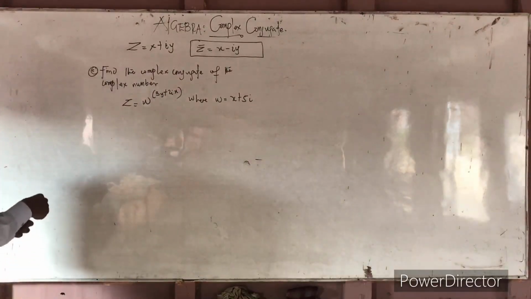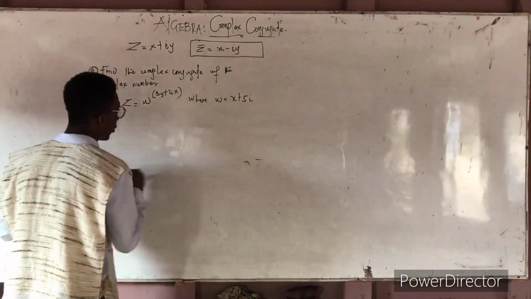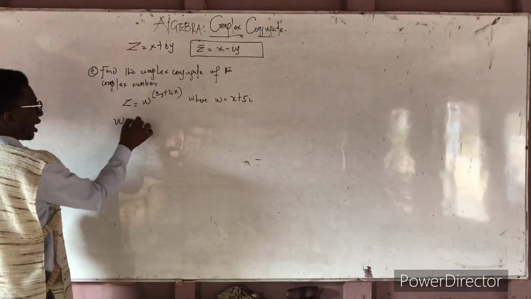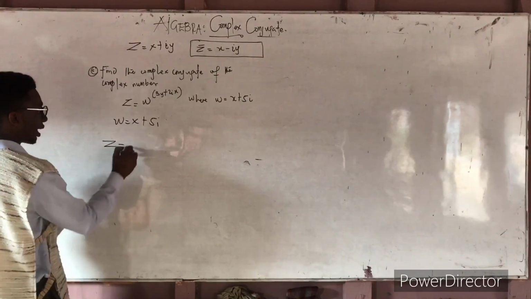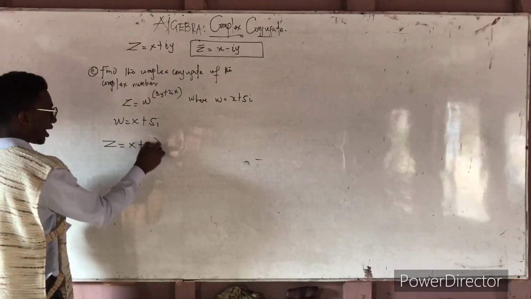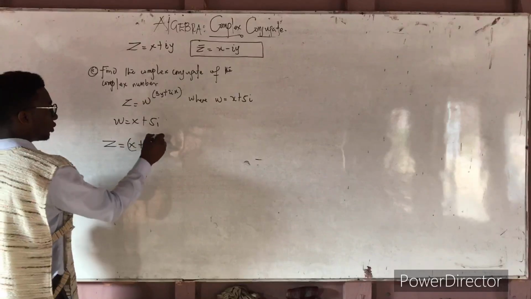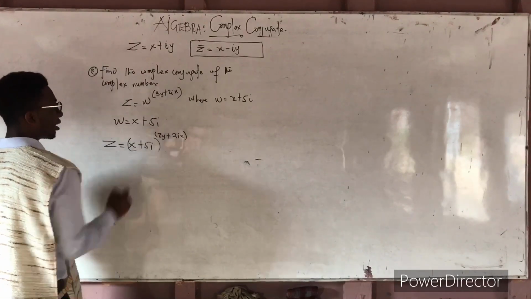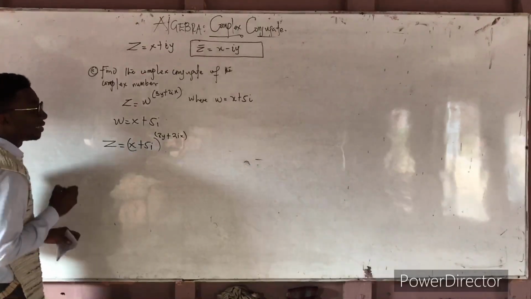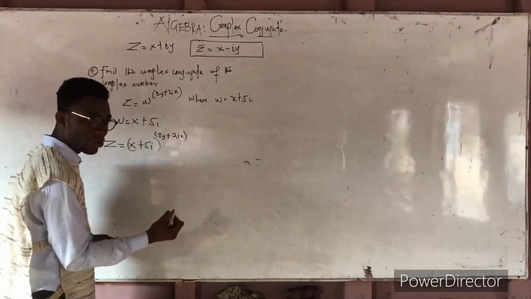To do this, you put w, which is equal to x plus 5i, into the expression. So we get x plus 5i all raised to the power 3y plus 2ix. Now, complex conjugate simply says negate all the imaginary part.